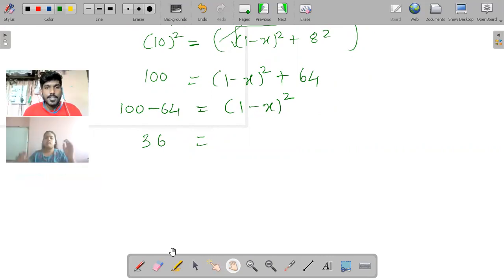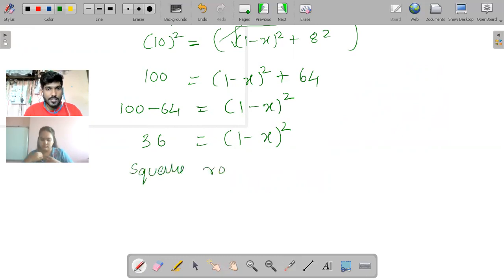So here we have 36 equal to (1 minus x) the whole square. Now, can you tell me what will be square root of 36? 6. So at this step, what we can do is take square root on both the sides.